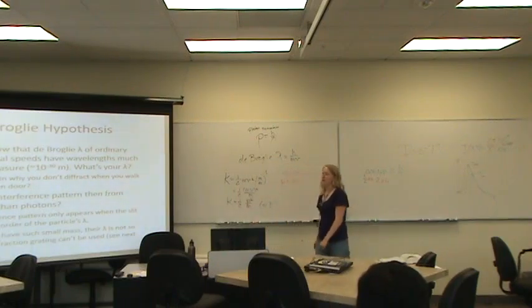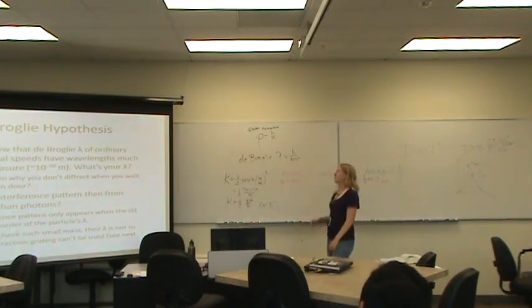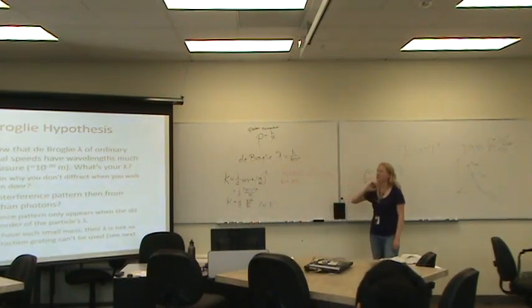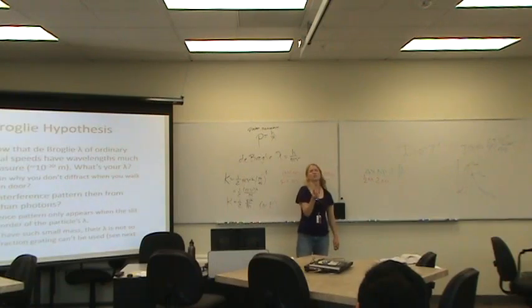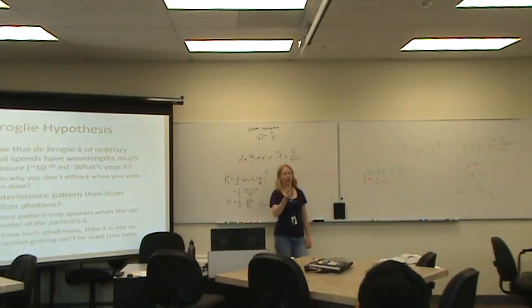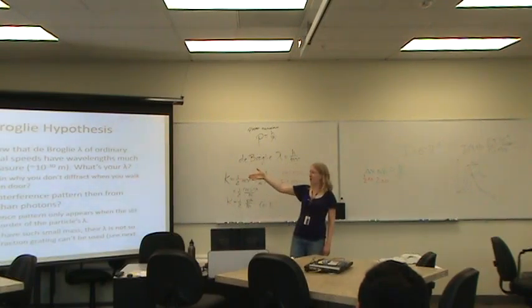We already talked about whether you diffract when you walk through the doorway. We said the last couple times that when you've got a slit, in order for us to see a diffraction pattern, the slit needs to be about the same size as the wavelength of light going through it. So you'd have to have a slit that small. That's why you can't diffract, because you can't go through a slit that small.